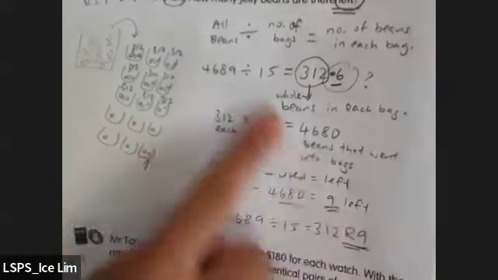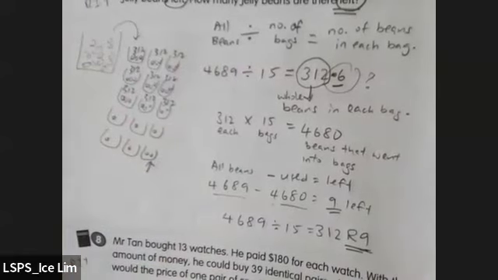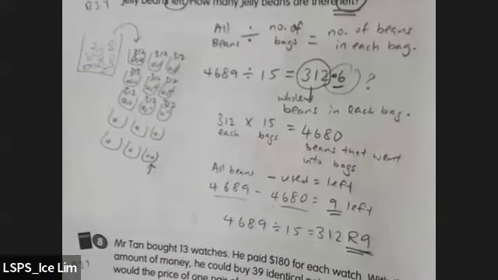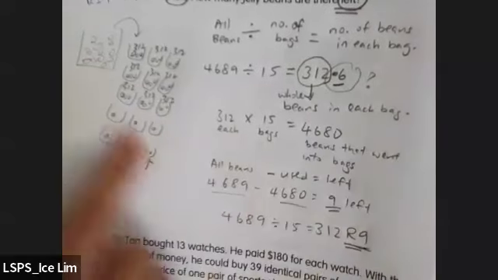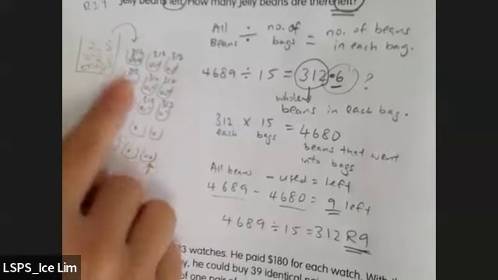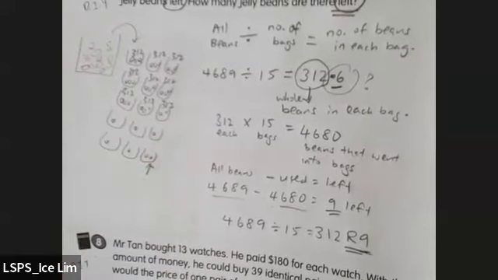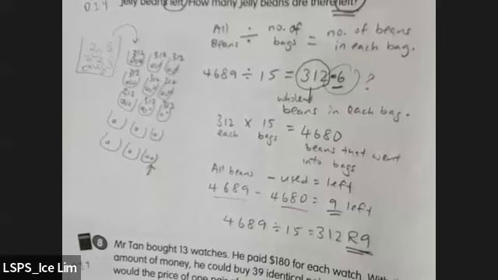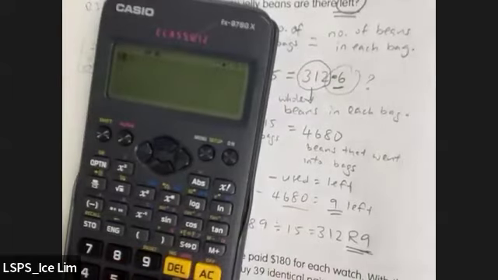Can you use 9 and then divide by the 15 bags now? 9 divided by 15. You've got the 9, the remainder. Divide by 15, so I share it out. Not enough. So 9 divided by 15, what's the answer? Press your calculator. 9 divided by 15.